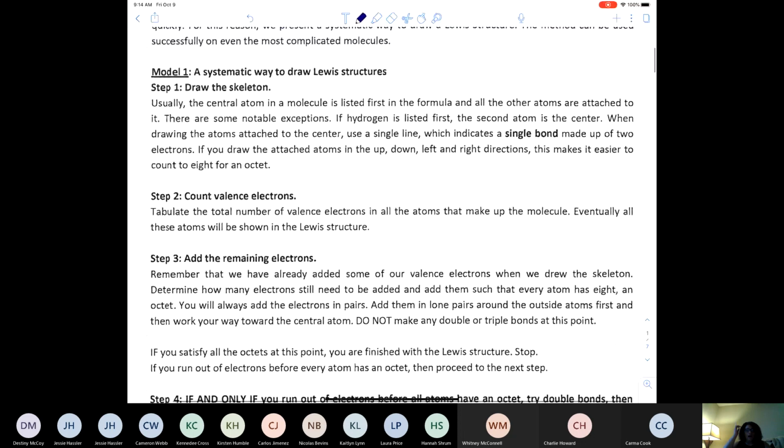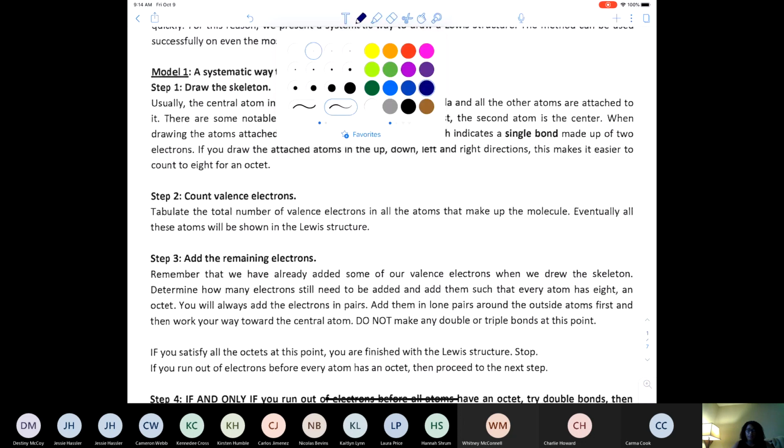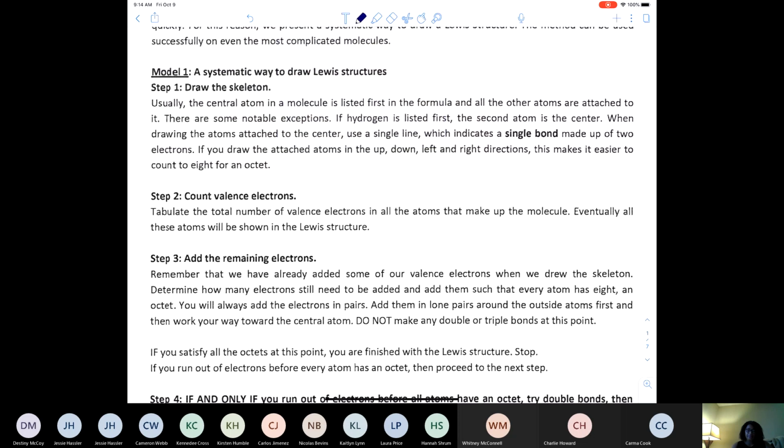And so we'll start off today with a simple molecular compound called methane. Methane's formula is CH4.